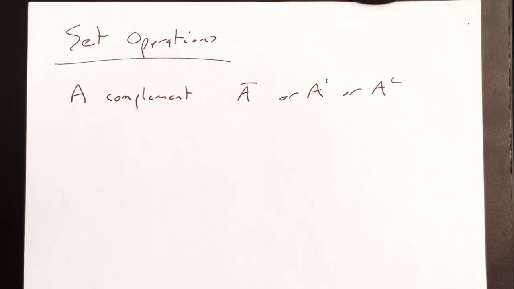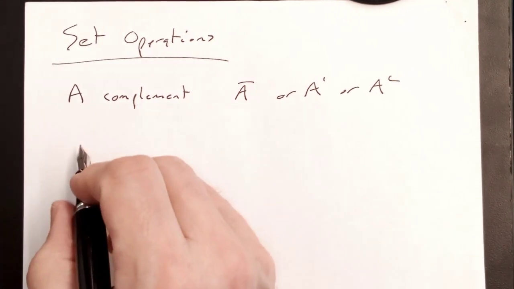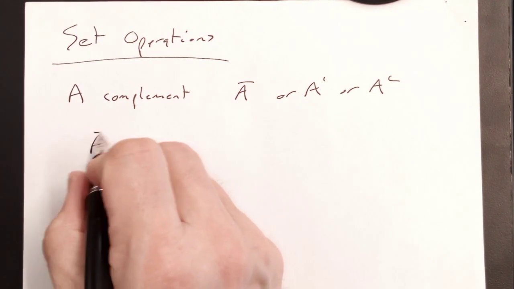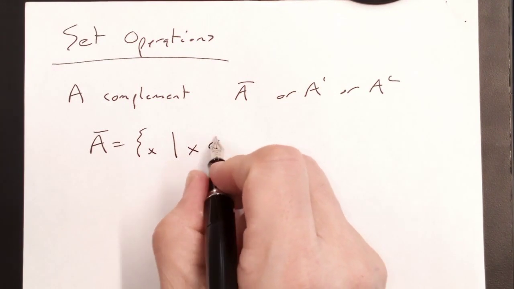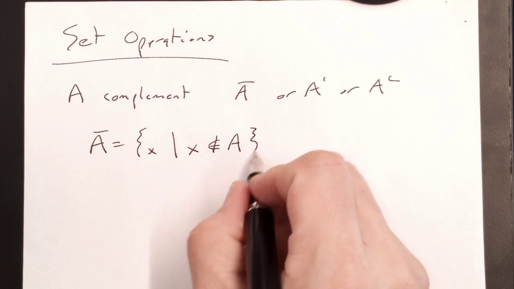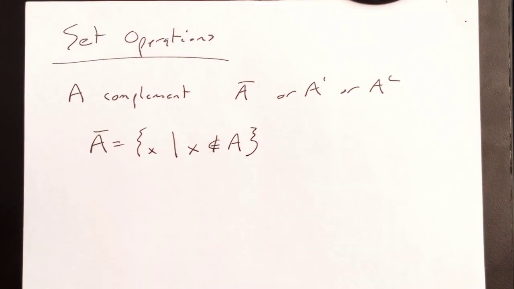The complement of a set, a complement. Usually written A with a bar over it in this textbook. My other textbook uses a superscript C for complement. I have another textbook that uses a prime. I'm going to define this in terms of logic. Okay, wait a minute.